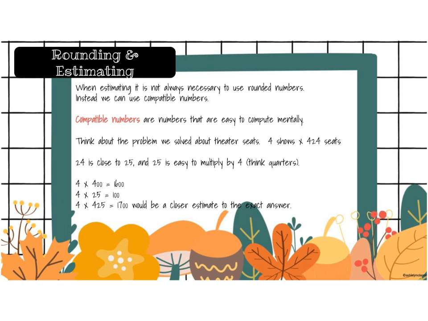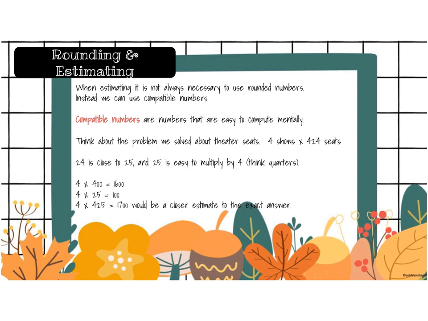So those are what we call compatible numbers. If we round to the nearest 100, it'd be 1,600, but if you actually were to solve it without rounding, it'd be 1,696.